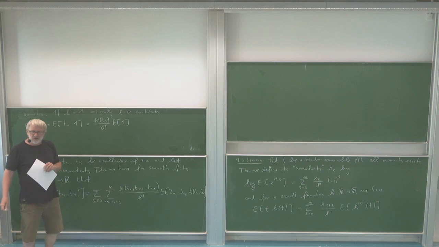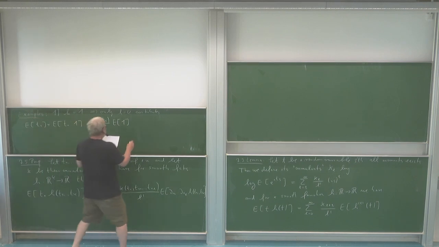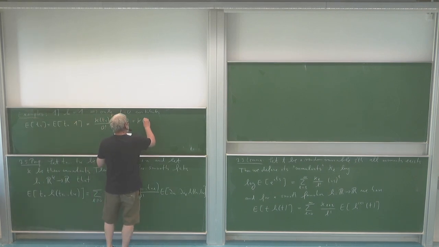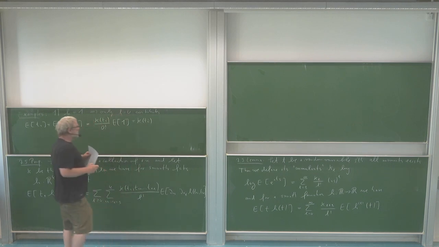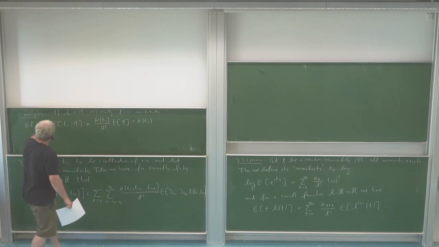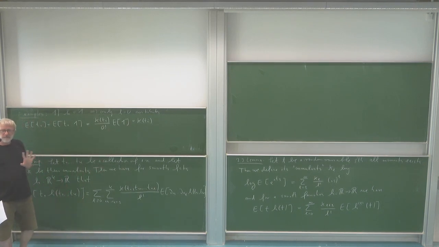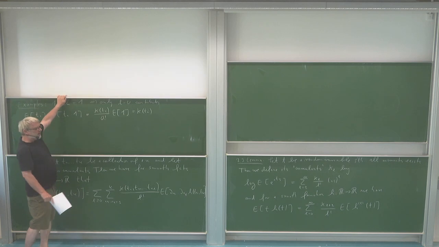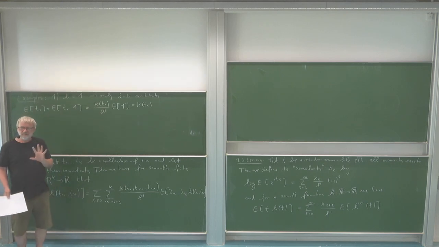And of course the expectation of 1 is equal to 1, so this is just kappa of Ti. So this tells me the cumulant of first order is the same as the expectation. The first cumulant is the same as the first moment.